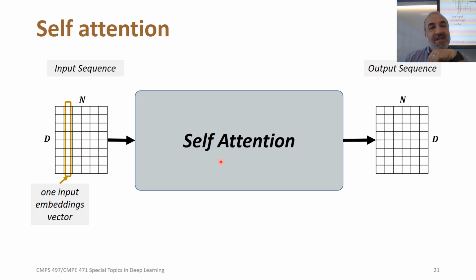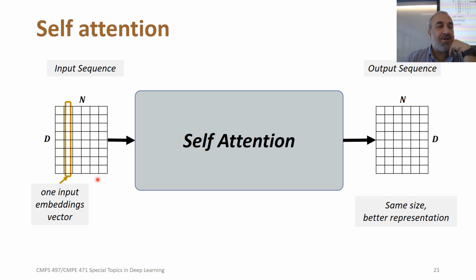Actually, the embedding vectors here will be much better than the embedding vectors here, or should be, or hopefully will be. So the representation that we will have here for the words after we do this self-attention should be much better than the representation that we started with before the self-attention process.